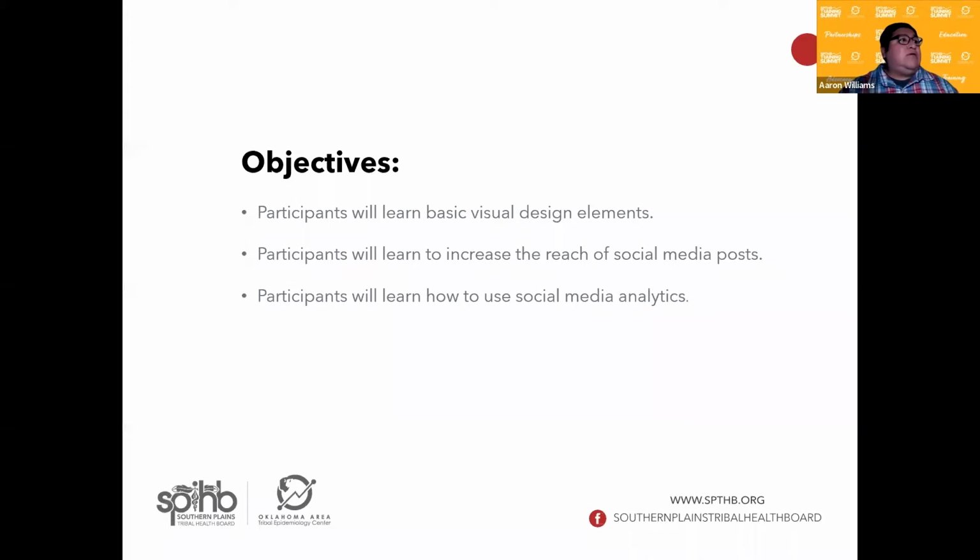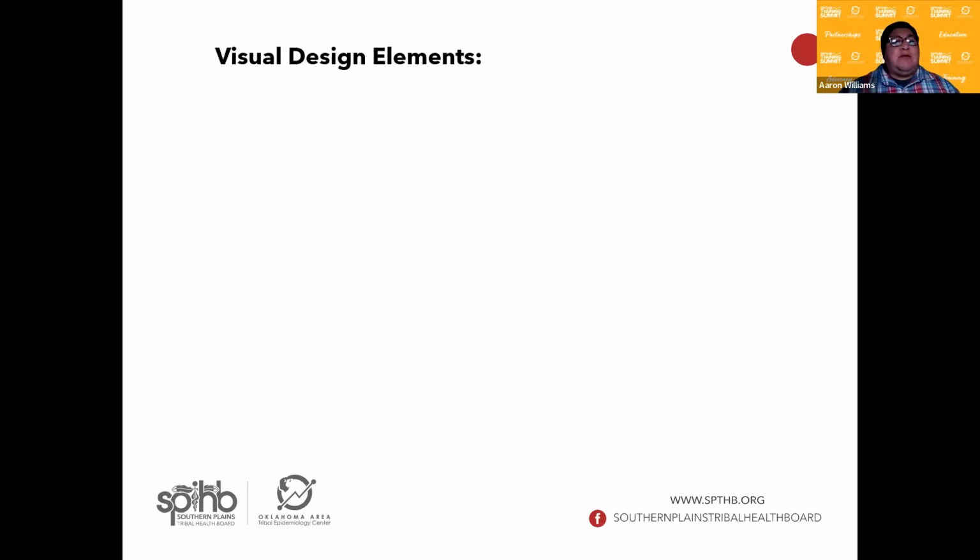All right, here we go. Objectives: basic visual design elements, learn how to increase the reach of social media posts, and thirdly, how to use social media analytics. So visual design elements, kind of the heart of any social media post, what it looks like.